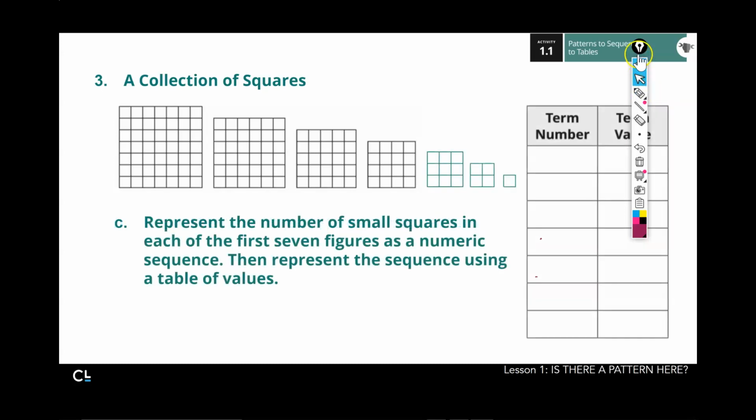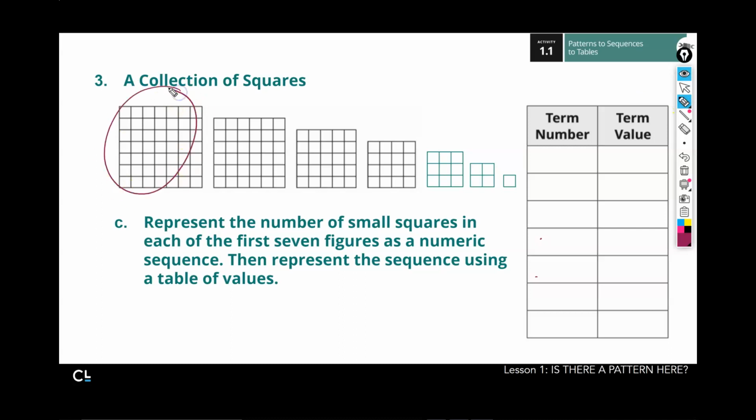Part C. Represent the number of small squares in the sequence, then represent the sequence using a table of values. So in our very first box, we had 49 squares. In our second box, we had 36 squares.